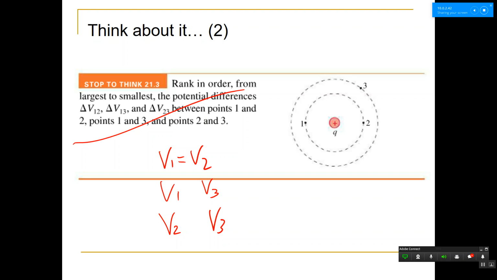If it's further and you're dividing it by a bigger number, because remember that voltage is equal to KQ over R. So V3 is lower. Yes.